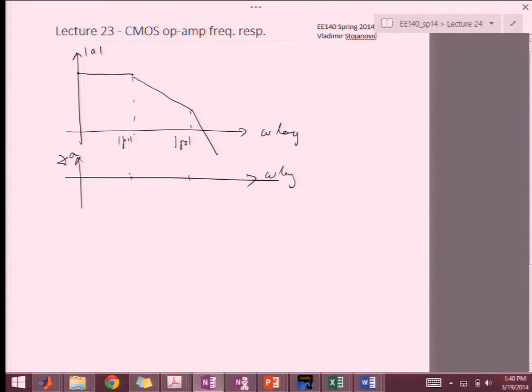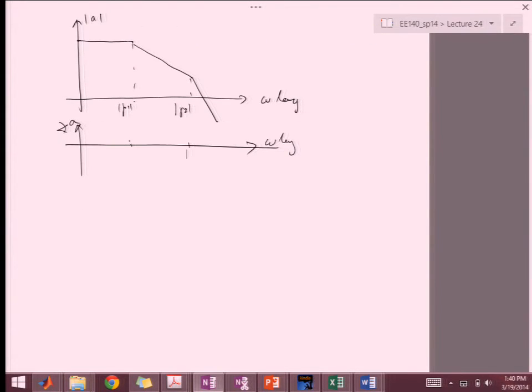So what is going to be my phase margin? It will depend on what my feedback is. But in other words, can it ever be negative? I have only two poles.